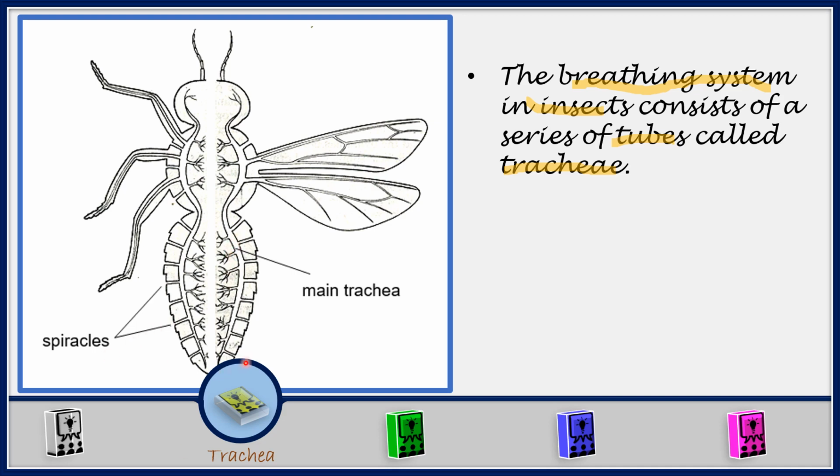For example, if you look here, we have the main trachea, this one which is passing here. This is the main trachea. That is a tube on the right, and then on the other side, the left, there is another trachea here, which is a long tube on the sides of the insects. Those are the ones that make up the breathing system in insects.